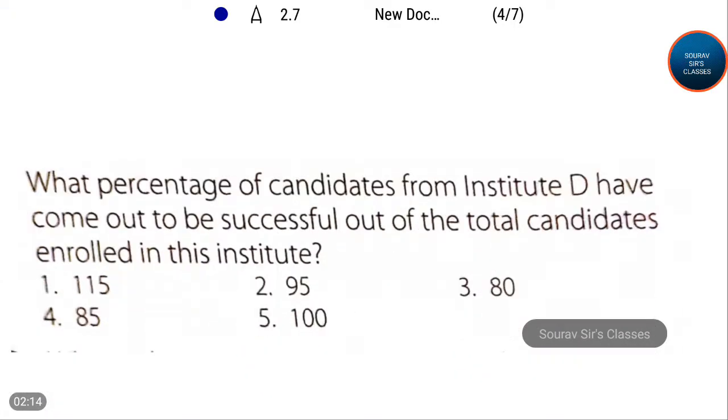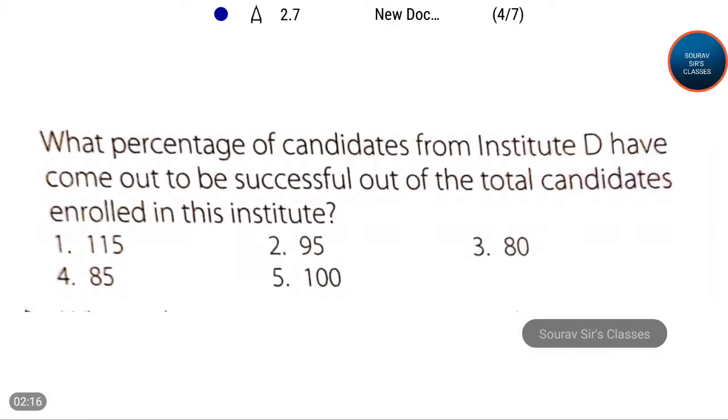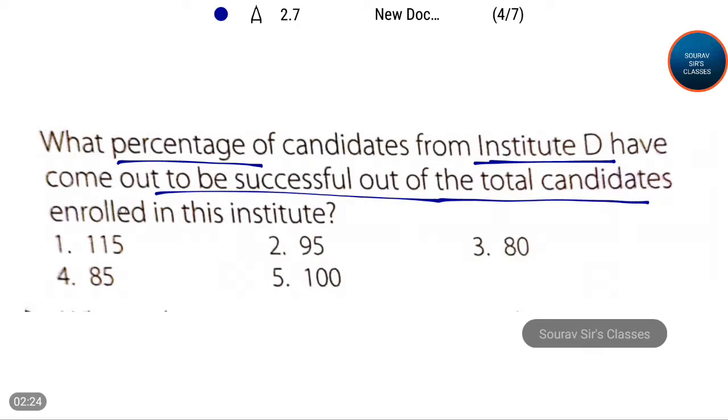Here is the next question. What percentage of candidates from Institute D have come out to be successful out of the total candidates enrolled in this institution? So we have to find out the percentage of the candidates from Institute D that have come out to be successful out of the total candidates enrolled in the institution.